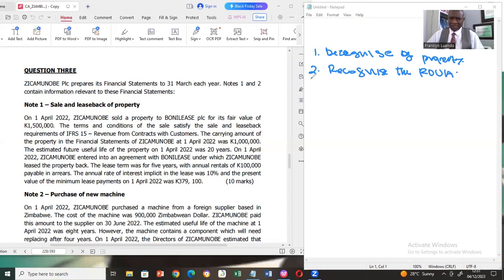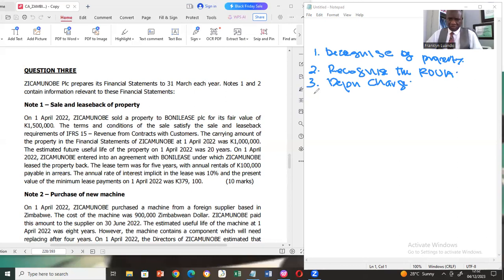Number three, calculate depreciation on the right of use asset, the depreciation charge for the year. The depreciation charge on the right of use asset is based on the shorter period of the lease term and the expected economic useful life.